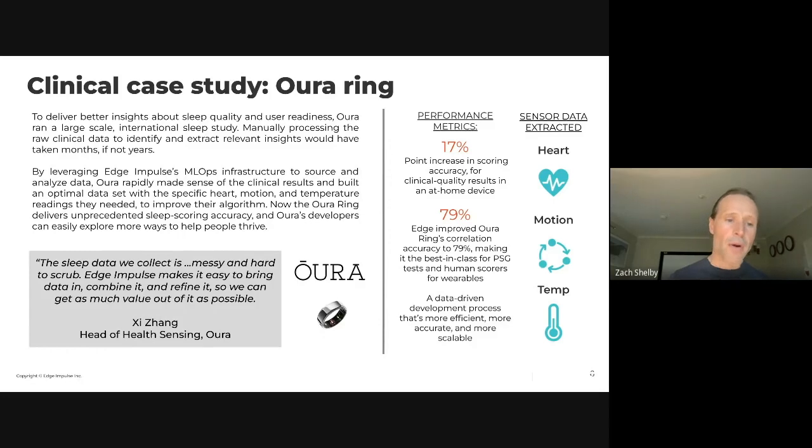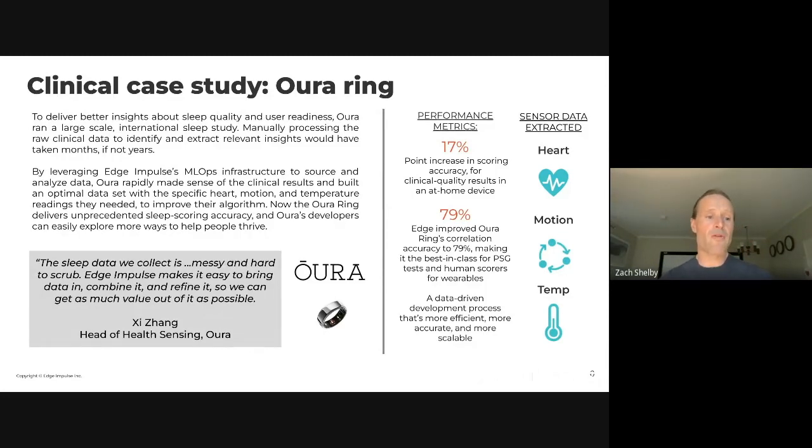For Aura, working with all that sensor data combined with all the different reference medical device data you need to do these clinical studies was a real challenge, right? Wearing multiple rings, PSG sleep setups, multiple SpO2 sensors, external motion sensors, all at the same time.